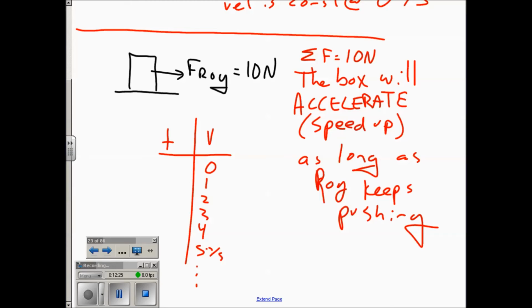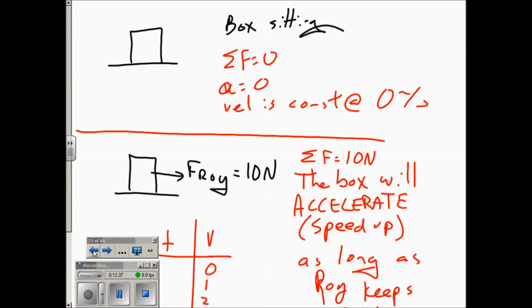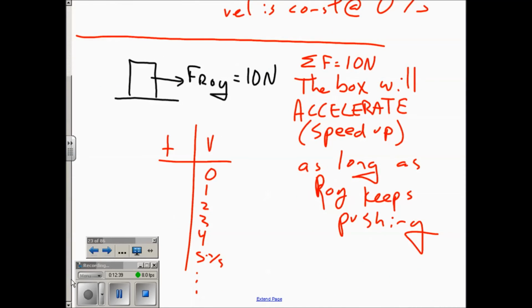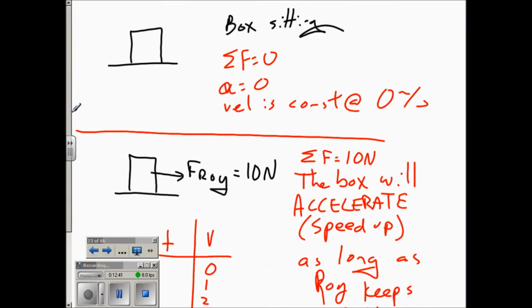if we assume that this is a frictionless surface, then after he lets go of it, so let's suppose that it was moving at, what did we say in that last slide? 5 meters a second, I think. 5 meters a second, right?